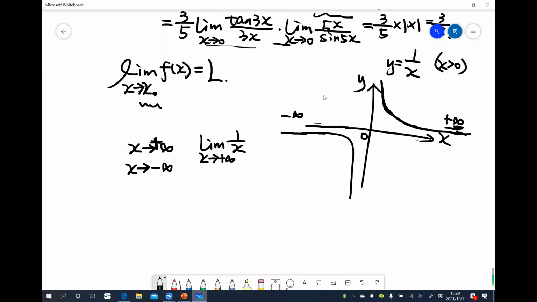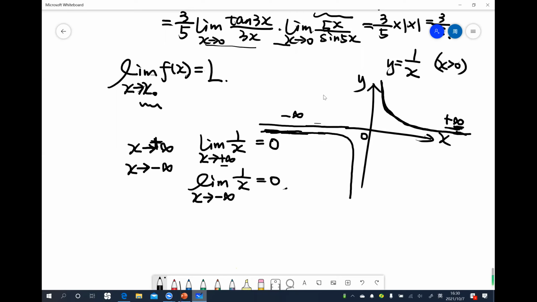So the limit of the function as x approaches positive infinity equals 0. And also, if x approaches negative infinity, the value of f(x) also approaches 0, right? So that limit also equals 0.